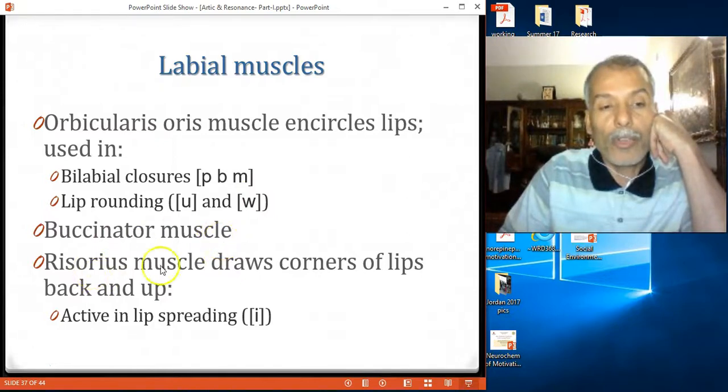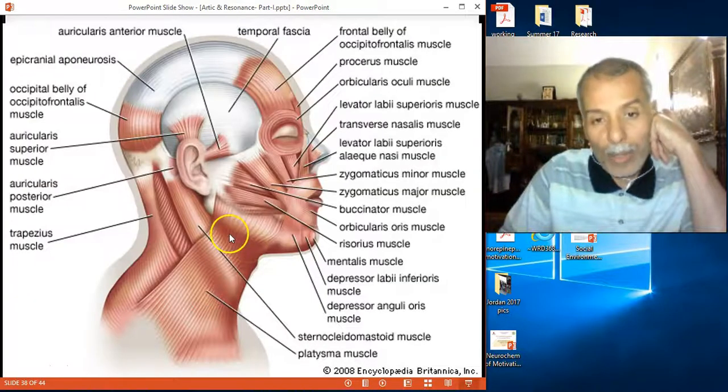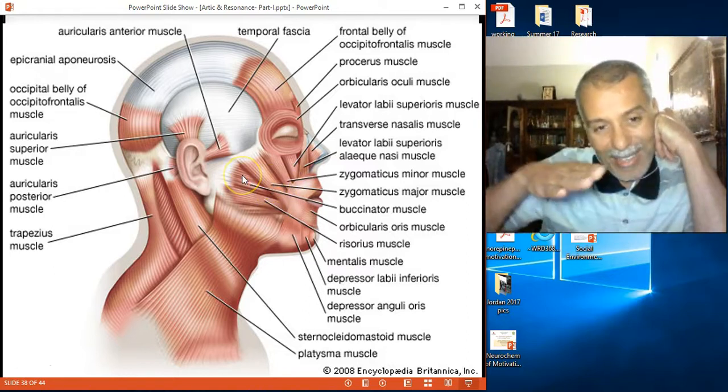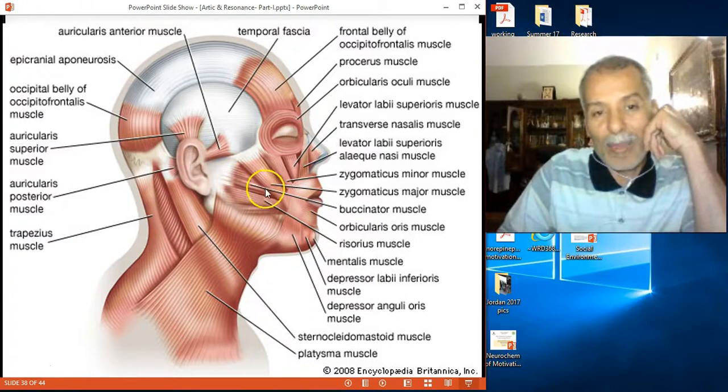Then the buccinator muscle. Before that, the risorius, as I explained, the functions of it. Then the buccinator. This is the muscle. See, you could see zygomaticus major, minor, and beneath it, inside of the cheek is the buccinator.